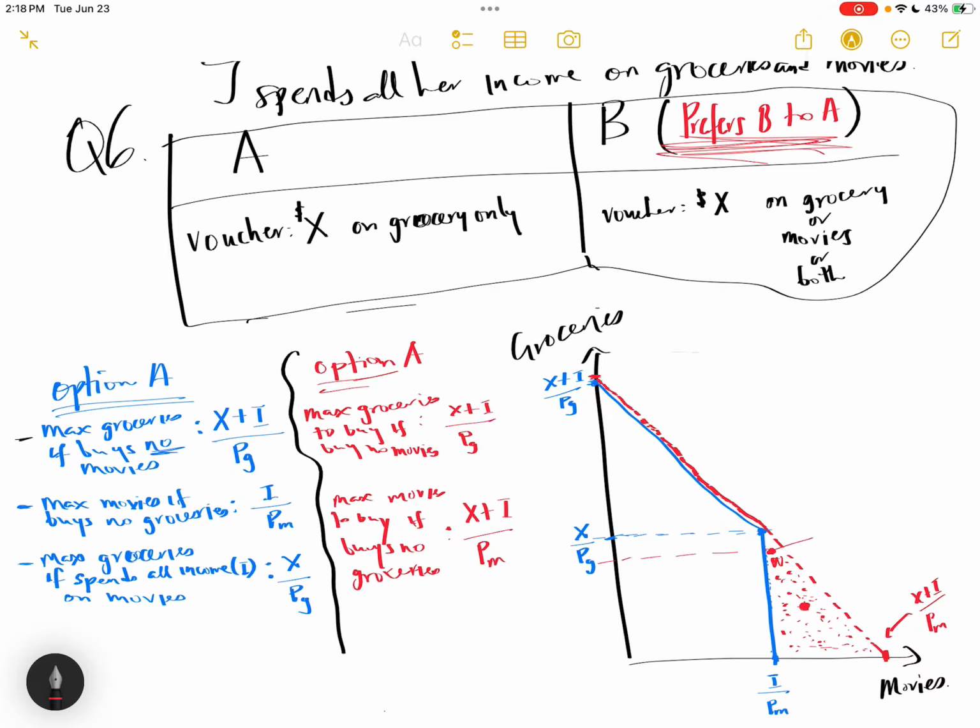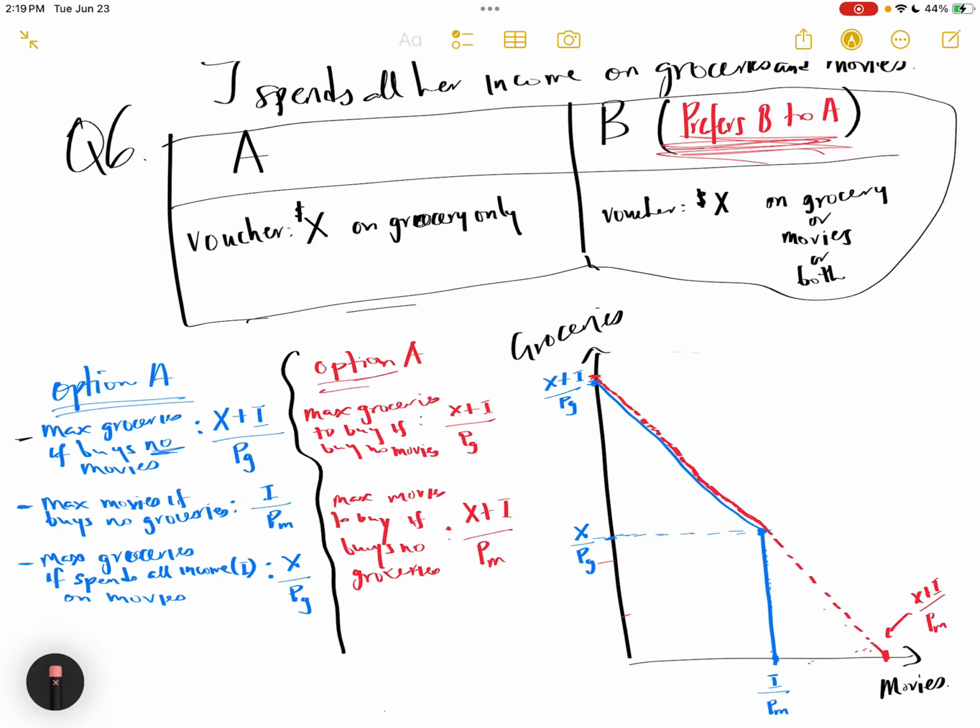On this point right here, let's call that point Z. She's spending even less of the voucher on that point, and she's getting more movies. At W, she's getting more movies. Now let me clean this up and go over it again, because I realize my polka dots are too many.